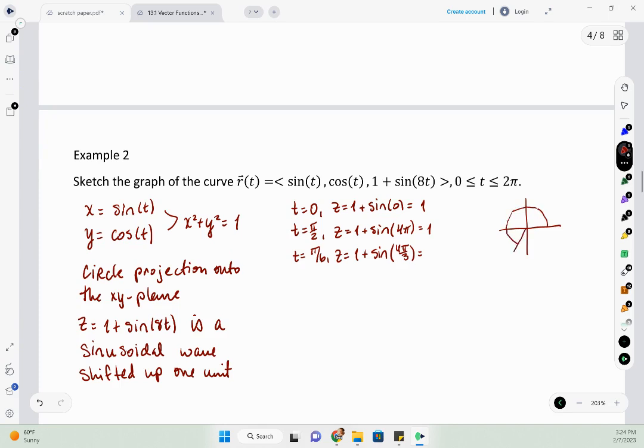And 4 pi over 3 is down here, where everything is negative. So sine of 4 pi over 3, that is the y value is bigger. We're going to get negative root 3 over 2. So this is 1 minus root 3 over 2.